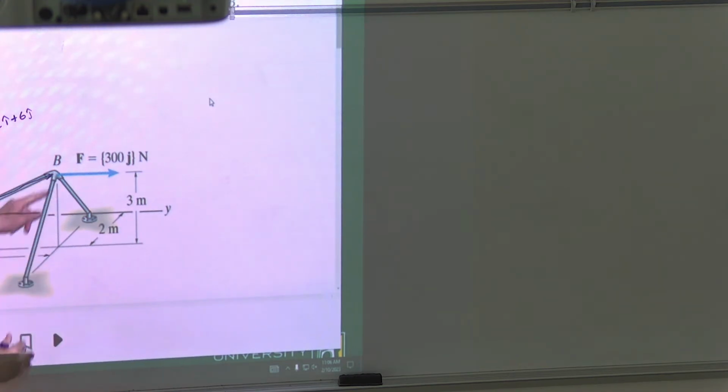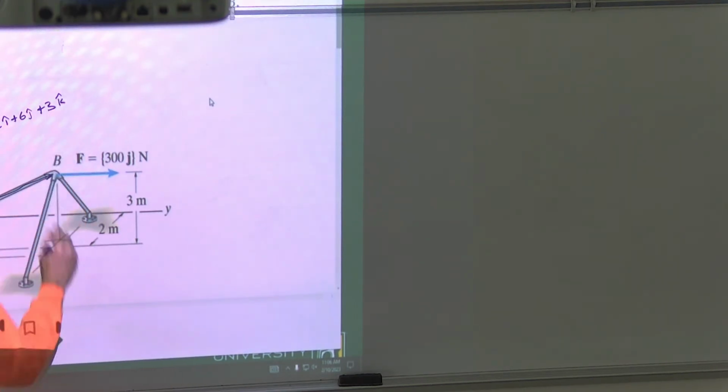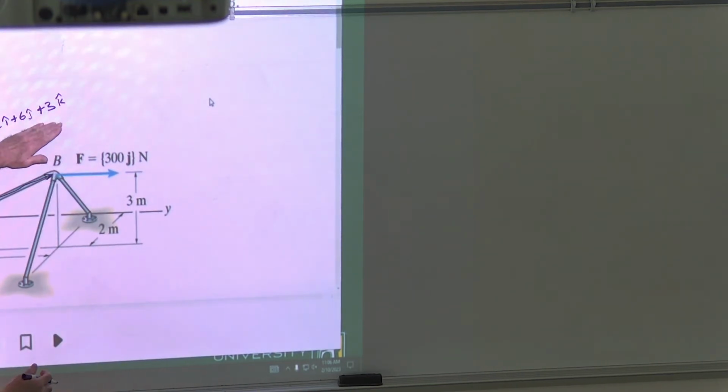And then I'd go up 3. So that's the vector right there. If I want to know the component of this thing in that coordinate, I need to unitize this. Here's what I'm saying.